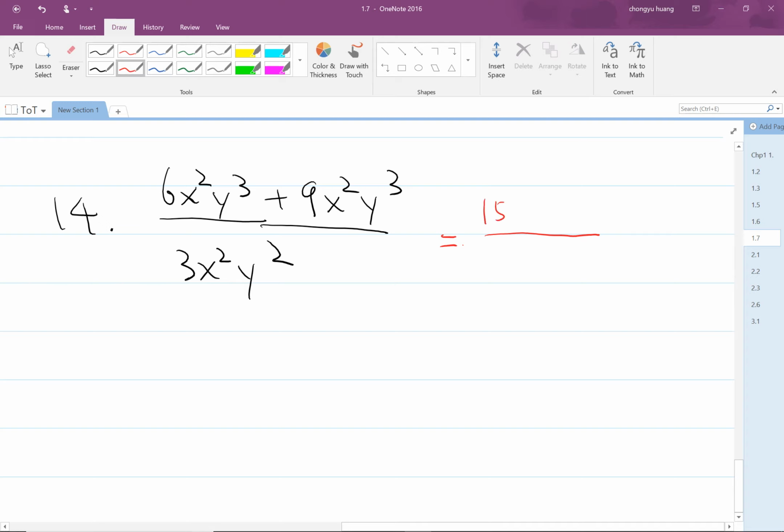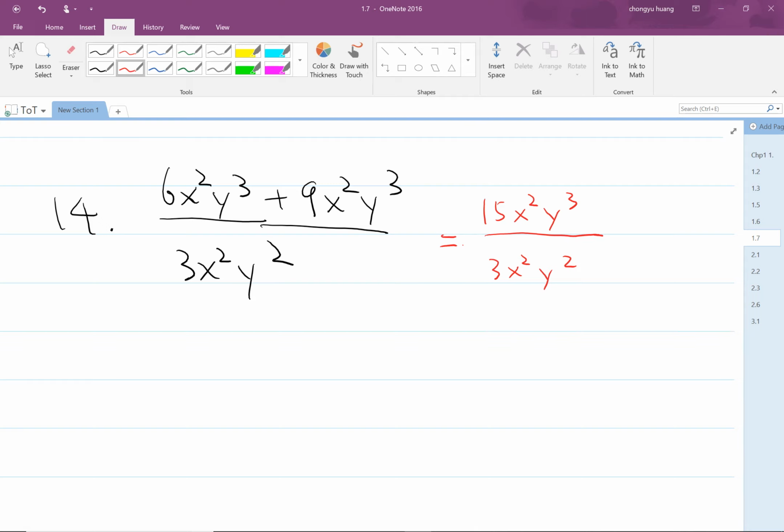So it's 15x to the power 2, y to the power 3, and under it is 3x to the power 2, y to the power 2, right? So now you are able to cancel some terms, right?